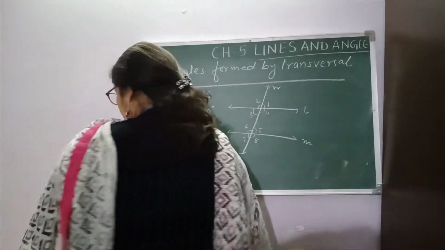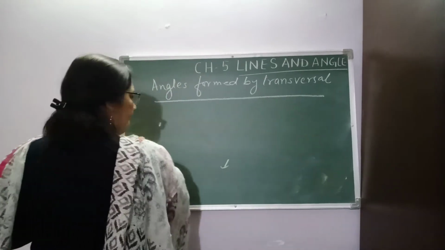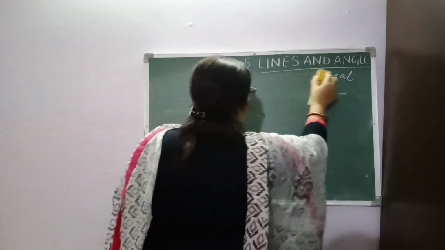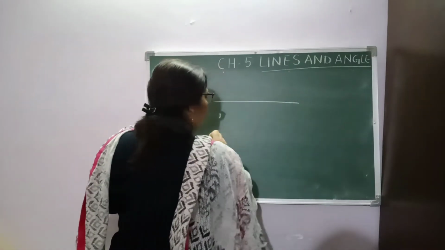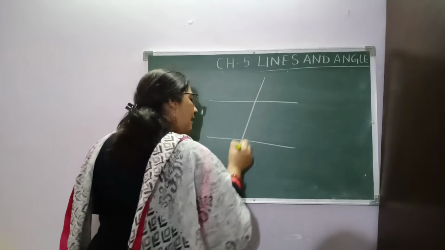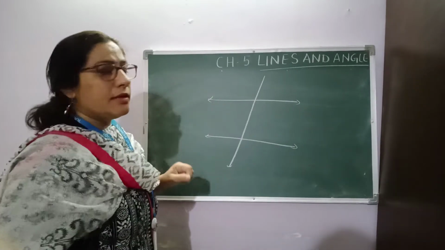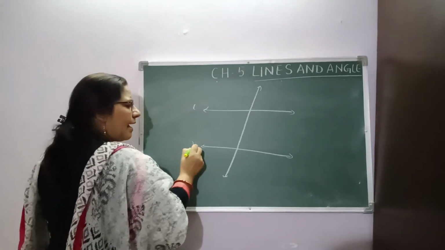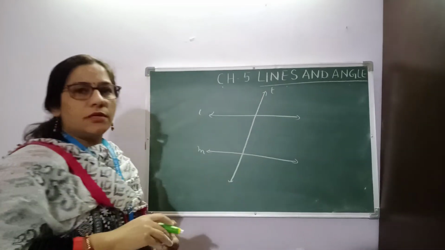Now the next question has some interesting facts. With this figure I'll recap the whole thing which I already taught you in this class. Now L and M are parallel lines and T is a transversal.